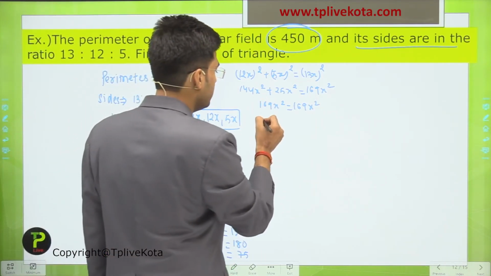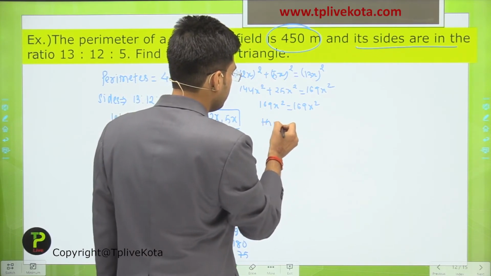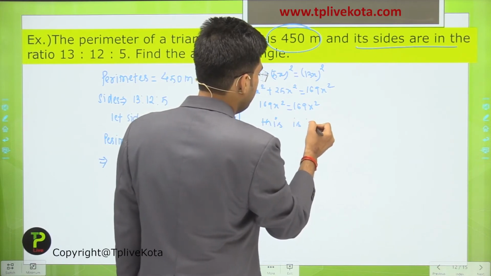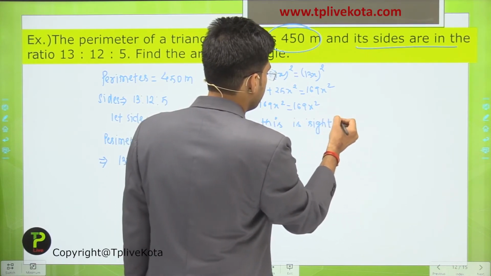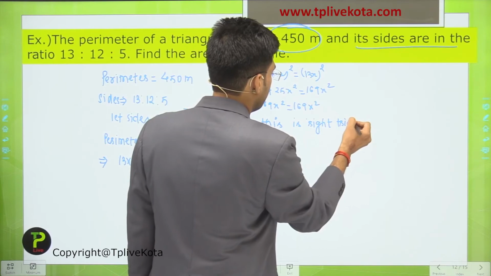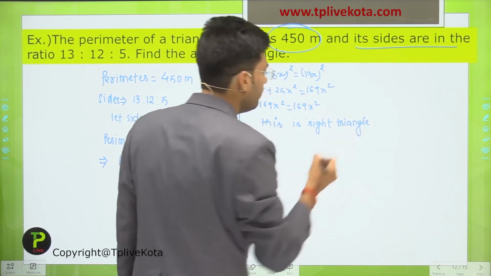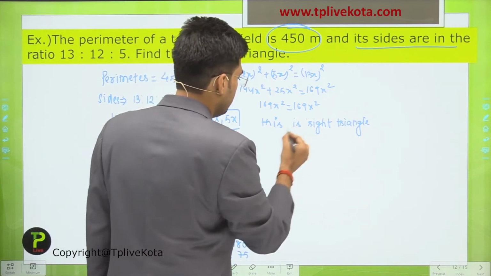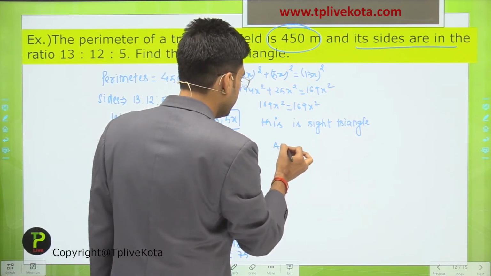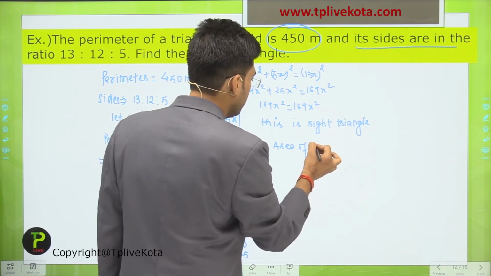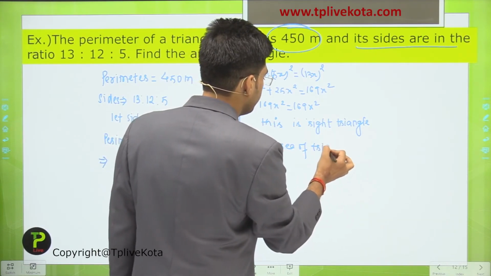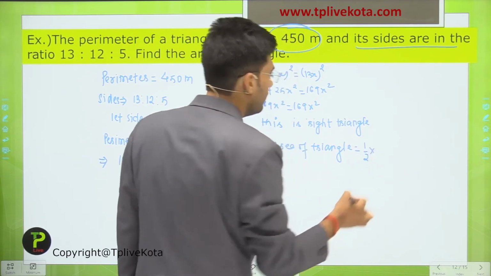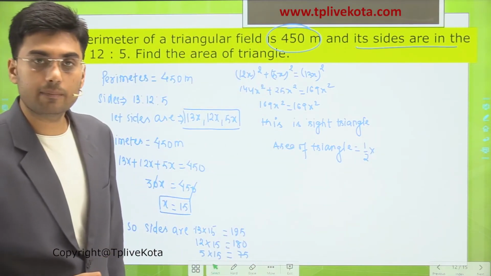So this triangle is a right triangle. If this is a right triangle, then we can find the area of the triangle. Area of triangle is half multiplied by base multiplied by perpendicular.